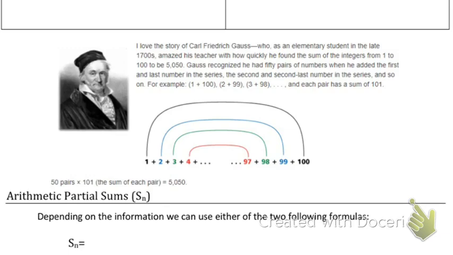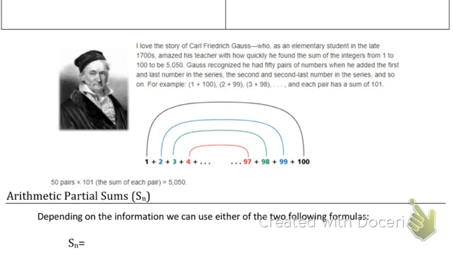It was 5,050. When asked how he did it, he just recognized that there are a bunch of pairs between 1 through 100. So if you look at how these are all matching up, if we match up 1 and 100, that's 101. 2 plus that 99 would be 101. 3 plus that 98 is 101. 4 plus 97 is 101. 5 plus 96 is 101. 6 plus 95 would be 101.